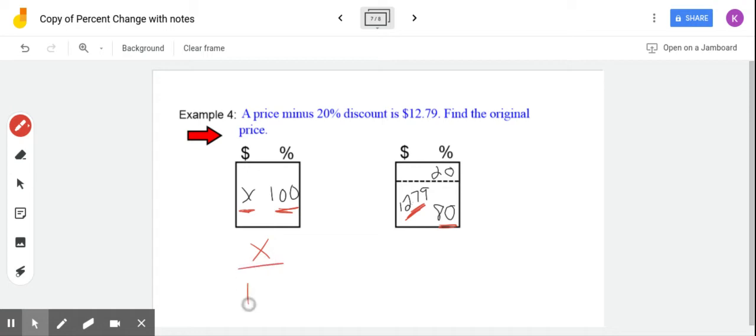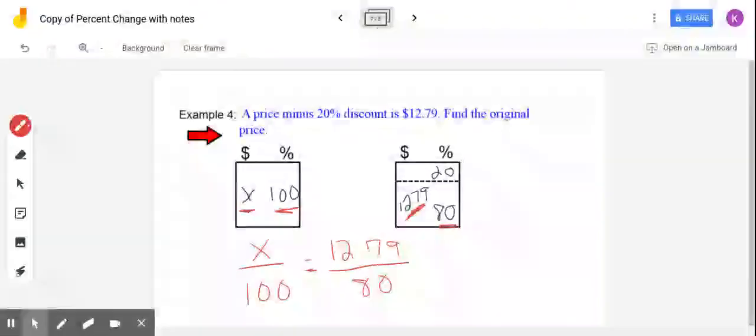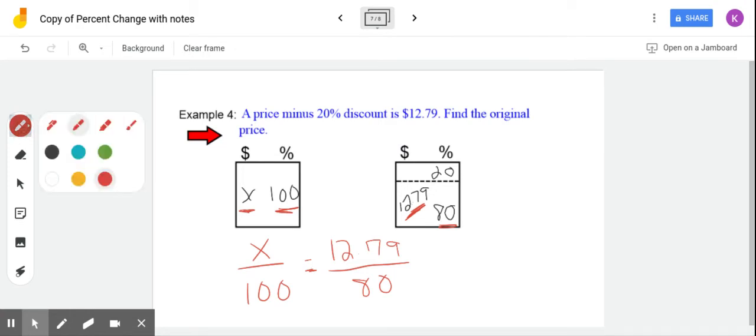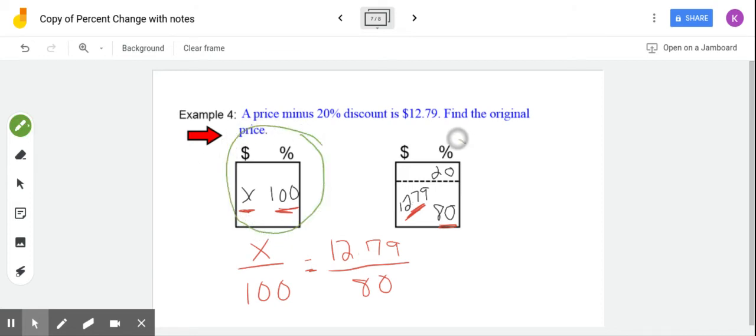X over 100 equals $12.79 over 80%. Again, how did I get that 80? Because these boxes are the same size as the original. This didn't get bigger, it's getting smaller. These two have to add up to 100% to total the original.